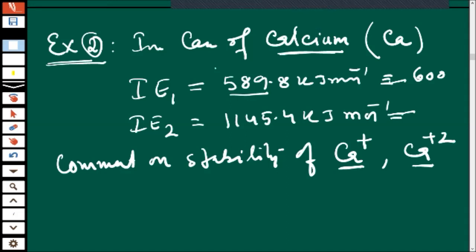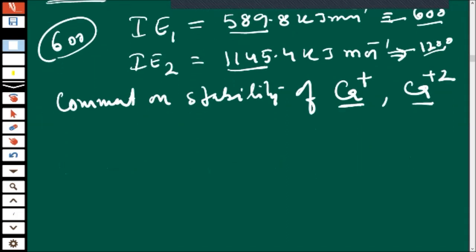Just I am telling you, don't follow exactly. And I will make the second 1200, so that the calculation becomes easy. So you can see the difference is nearly 600, and 600 is less than 1400. So immediately I can say that this is stable and this is unstable.